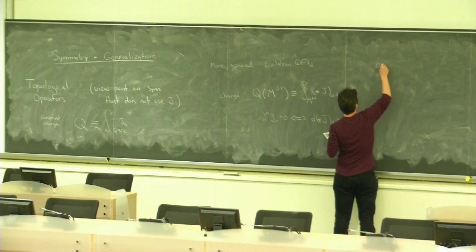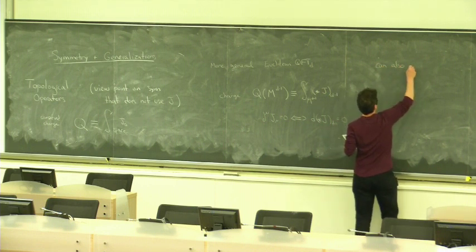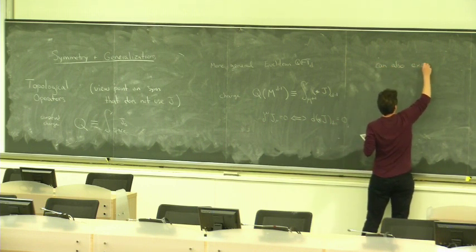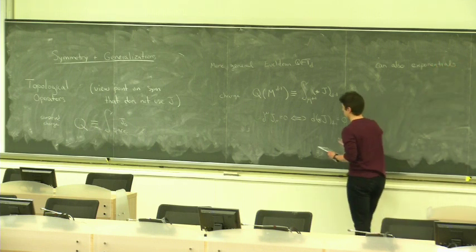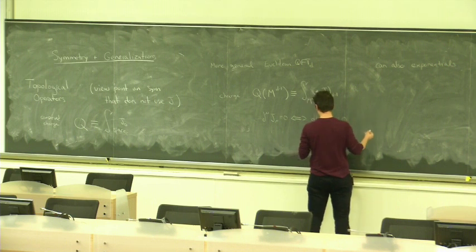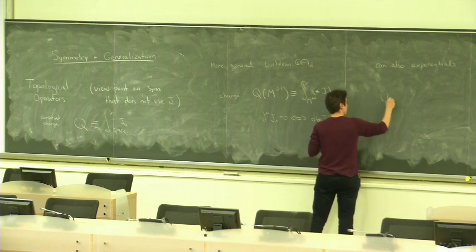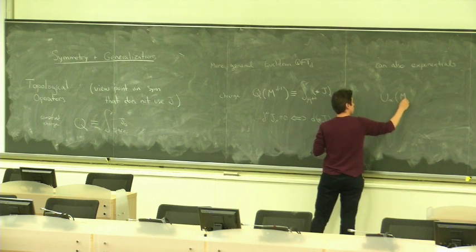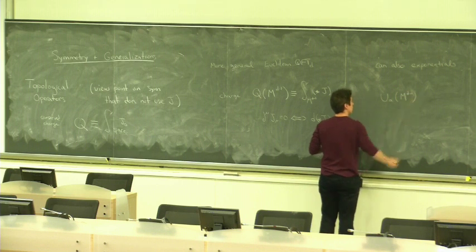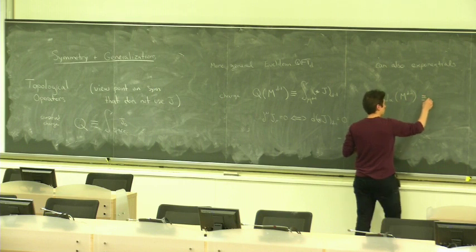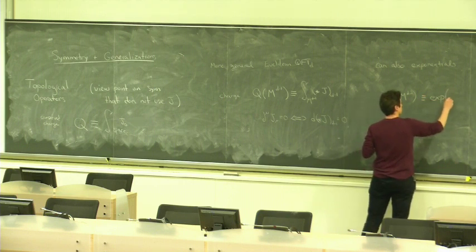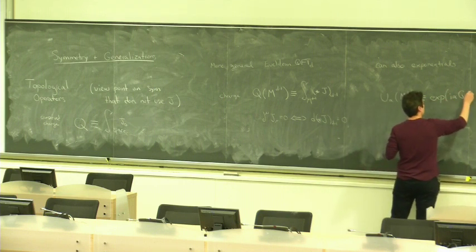We can also consider exponentiated versions of these. So these were the charges; we could look at the associated group elements. We could define U_α of M_{d-1}, which is the exponential of the charge.